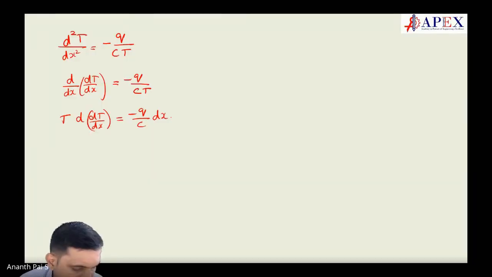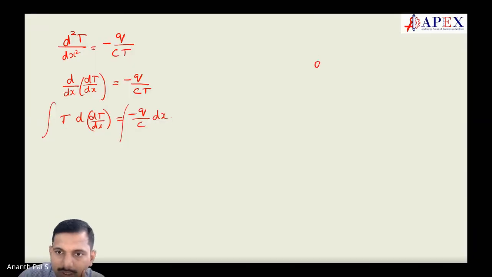When you integrate, you cannot write t dt. For example, integration of d of a function is nothing but the function plus a constant. See here, this is d of a function, and here you have the function. So you cannot do that.